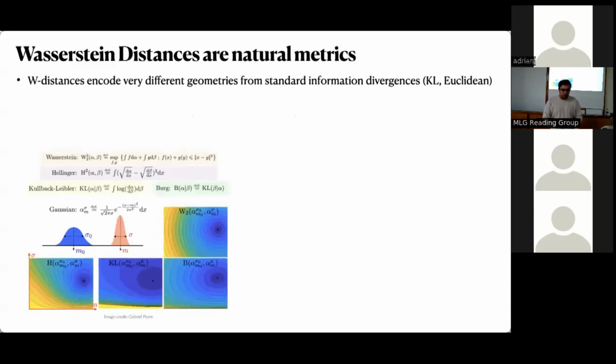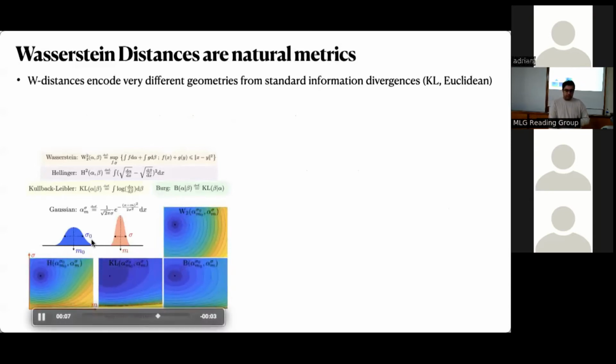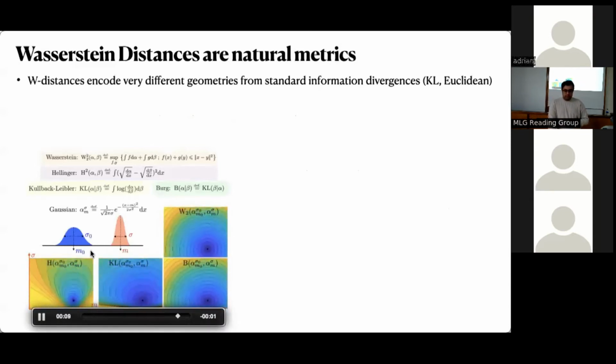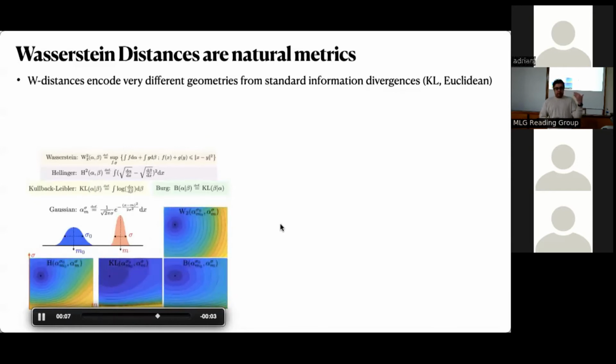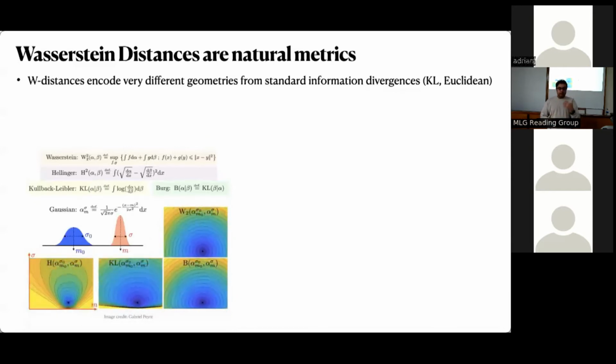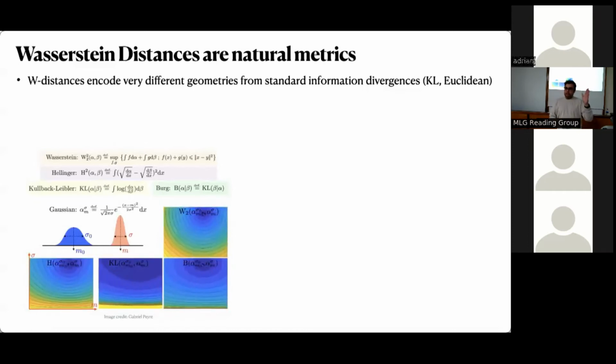On the left here is an example where you have a fixed one-dimensional Gaussian at sigma naught, m naught, and another Gaussian at m and sigma. You're moving m in the x direction and sigma in the y direction, and plotting what these different distance metrics look like as a function of m and sigma.